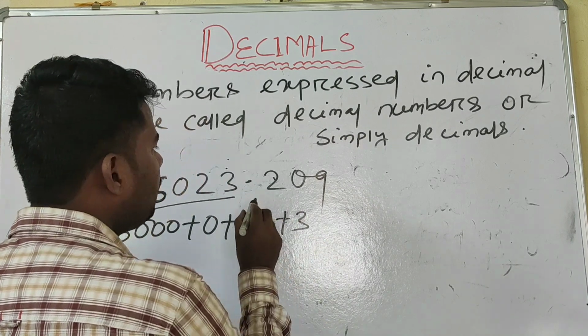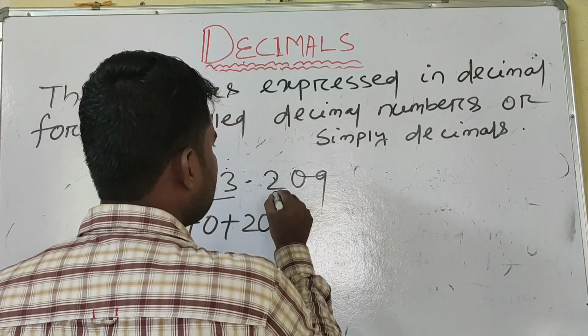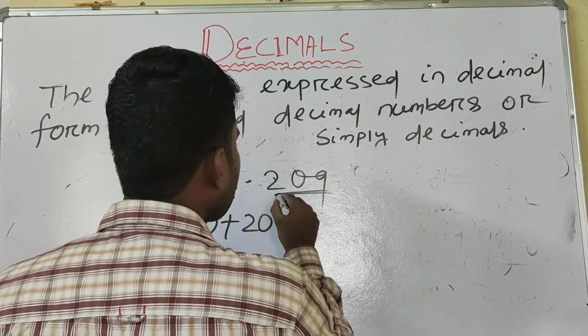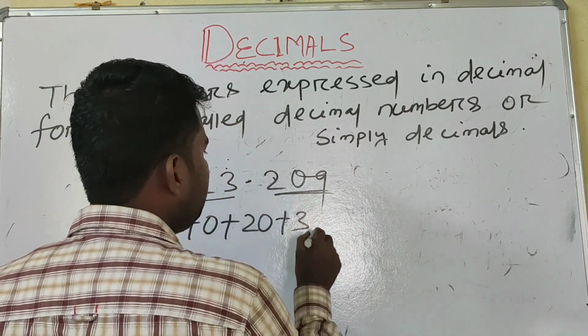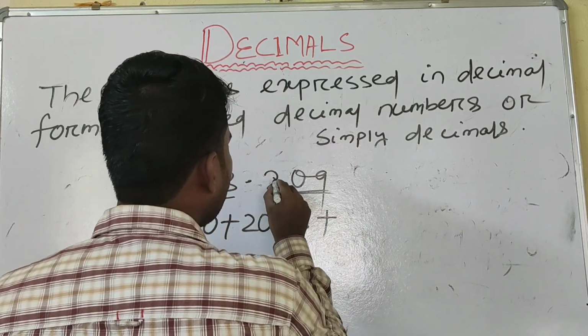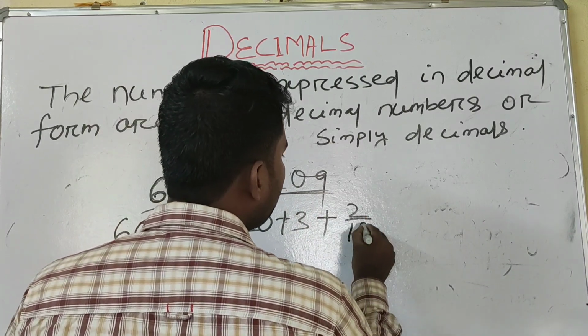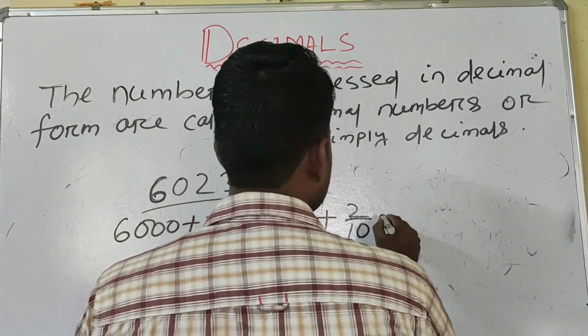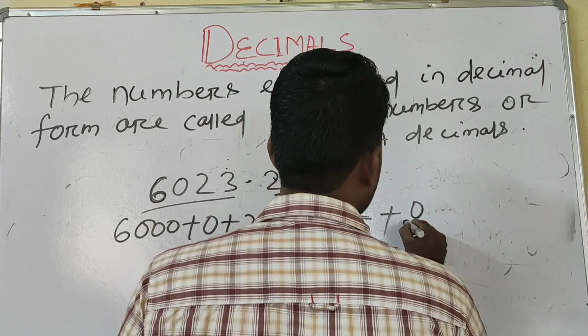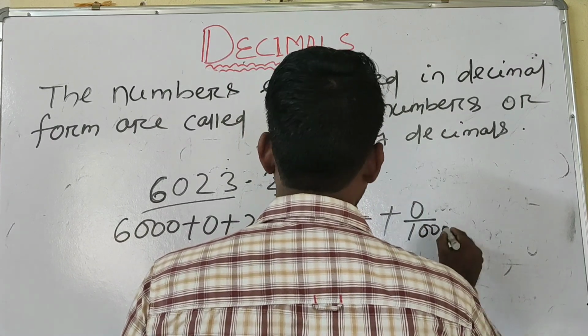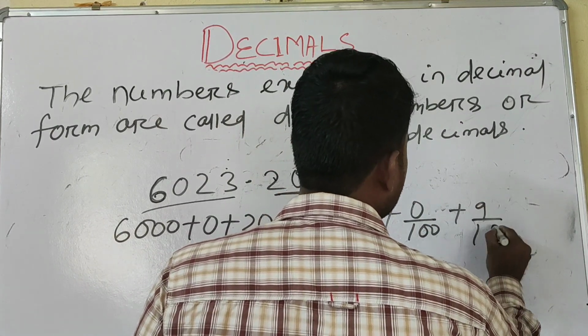But what about the decimal part? Here 2 means 2 by 10, 0 means 0 by 100, and 9 means 9 by 1000.